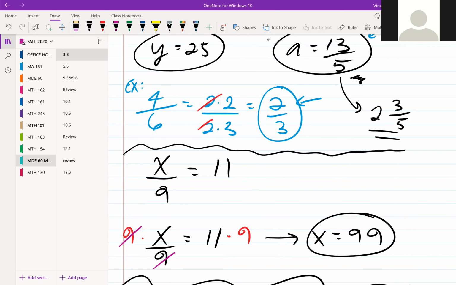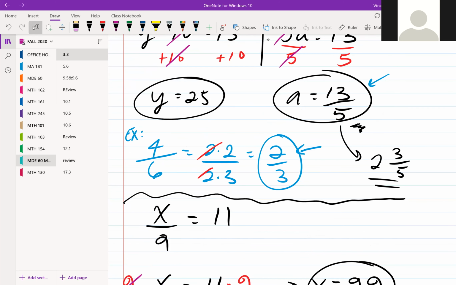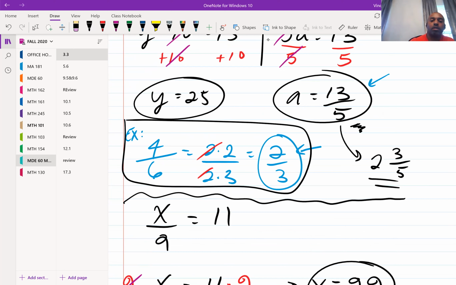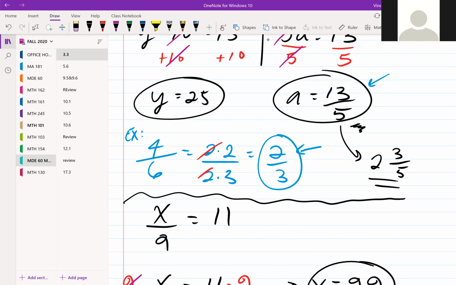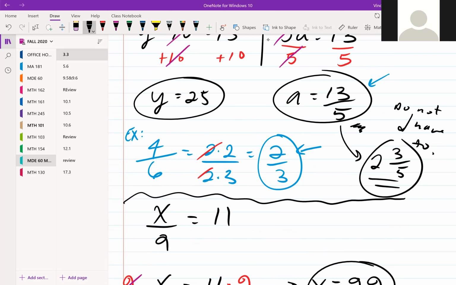So for the equation on top, you had a equals 13 over 5. Then did you say we need to reduce it to 2 3/5? No, I was saying this is an example of reducing. Right here is an example of reducing. I say you do not have to do this. So the answer is 13 over 5.